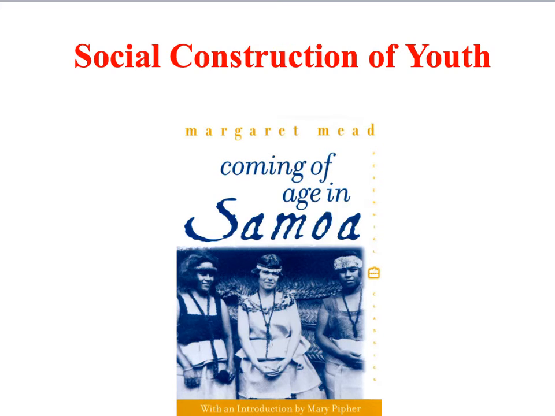So Mead argued that in Western societies, teenagers have to endure a long period in which they are neither children nor adults, and they are not required to take on the responsibilities of adulthood, but they're also excluded from many of its privileges. And Mead suggests that this ambiguous status occupied by teenagers in countries like America produces the storm and stress.